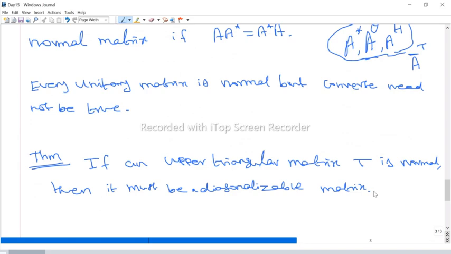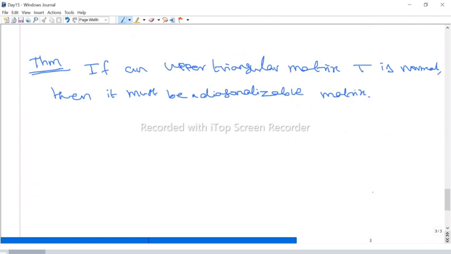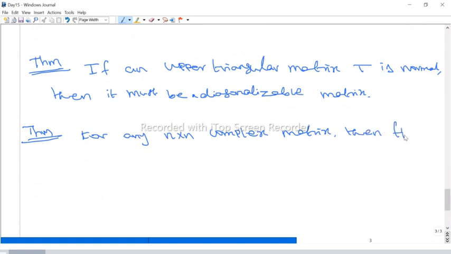Now we make some theorem statement, some characterization of normal matrices. The theorems are very important to solve problems. You should remember all the theorems. So for any n by n complex matrix A, the following are equivalent.